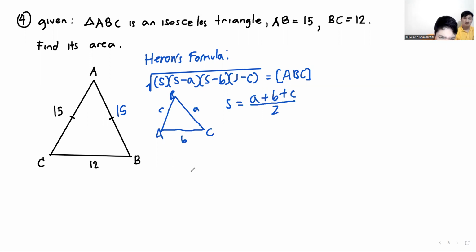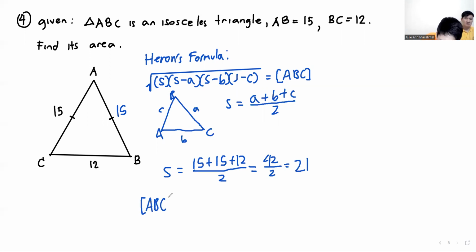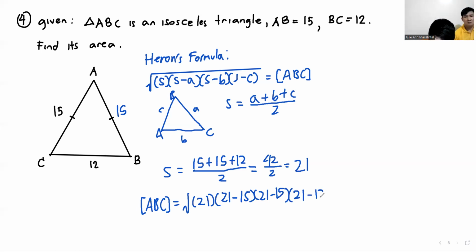Here, the semi-perimeter is equal to 15 plus 15 plus 12 over 2. So this is 42 over 2, which is 21. Substituting, the area is equal to the square root of 21 times 21 minus 15, 21 minus 15, and 21 minus 12.